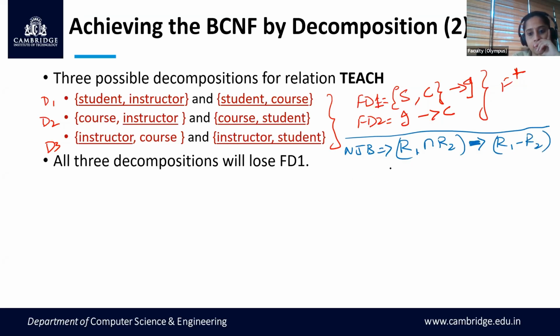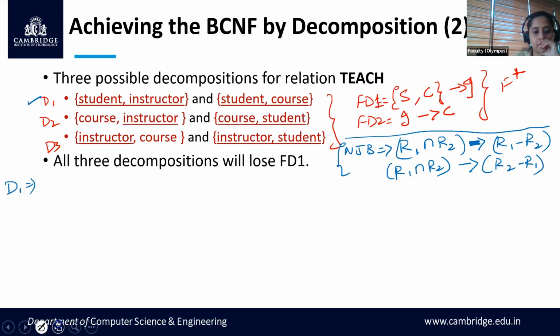The second rule was R1 intersection R2 functionally determines R2 minus R1, right? Now I should check which is the best decomposition. How will I check? All those decompositions should satisfy the NJB rule. So let me go with D1 and check whether D1 is satisfying or not.